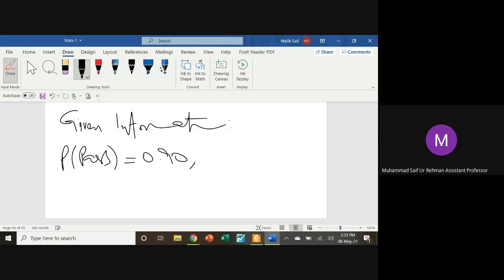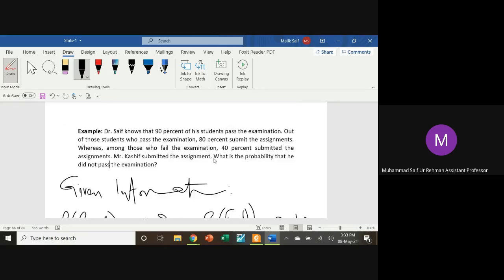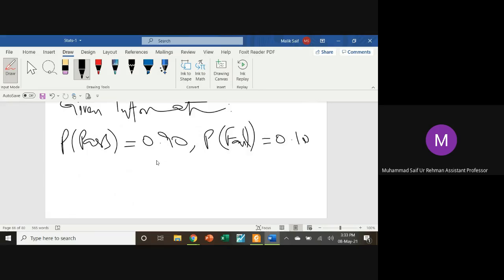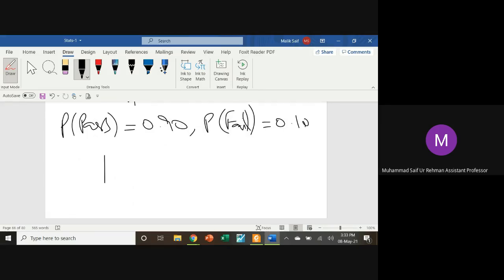Fine. So probability for fail will be 10%. Simple complement rule. Understand? Next, out of those who pass the examination.